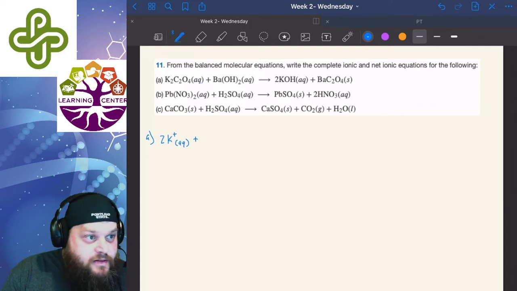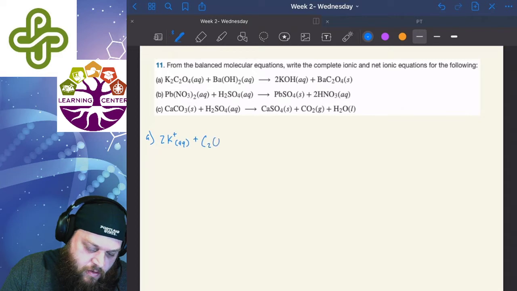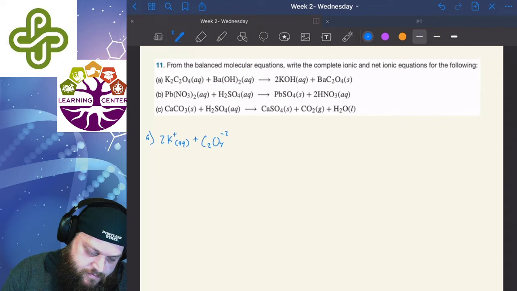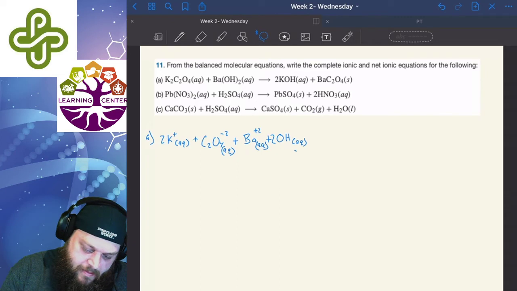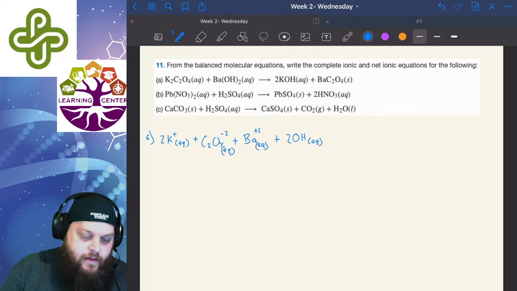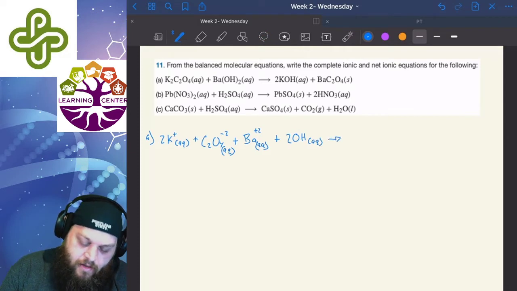Plus, I'm going to say C2O4 would be a 2-, plus Ba2+, plus 2OH-, and I forgot all my aqueous. Kind of packing these in. I always do that when I forget my aqueous. I pack it a little too close. All right. So that's the reactant side.